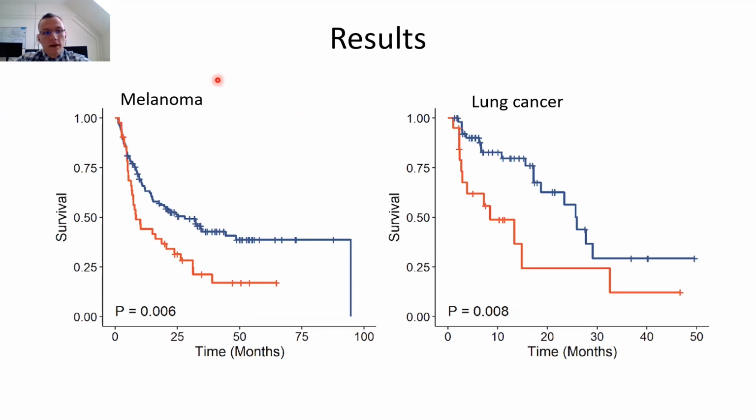We investigated the survival of cancer patients treated with immunotherapies, and we found that patients carrying generalist HLA variants survived worse than the patients who carried specialist HLA variants.